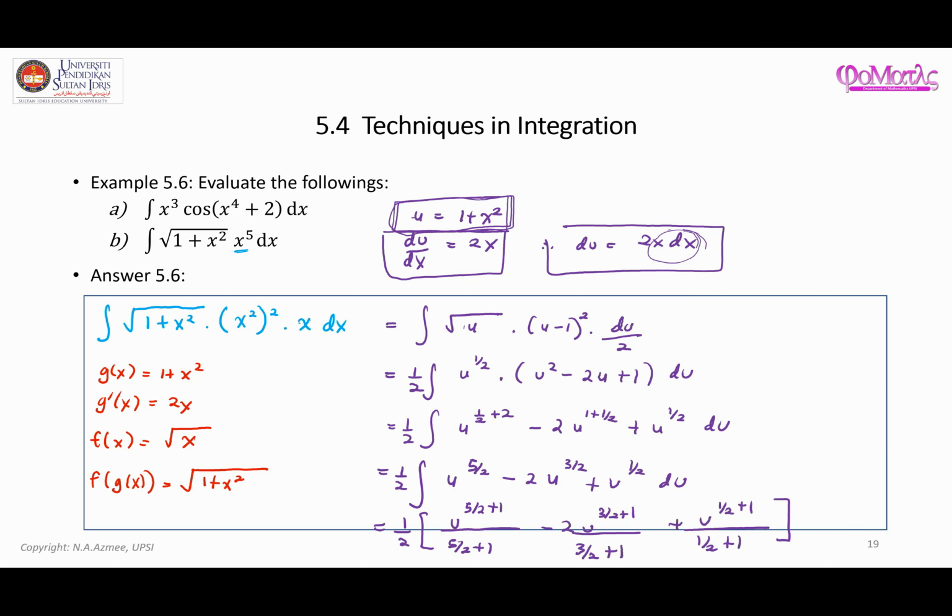We don't have the limit, so it will just be plus c. You can continue to simplify that, and you'll be able to get the answer to this question.